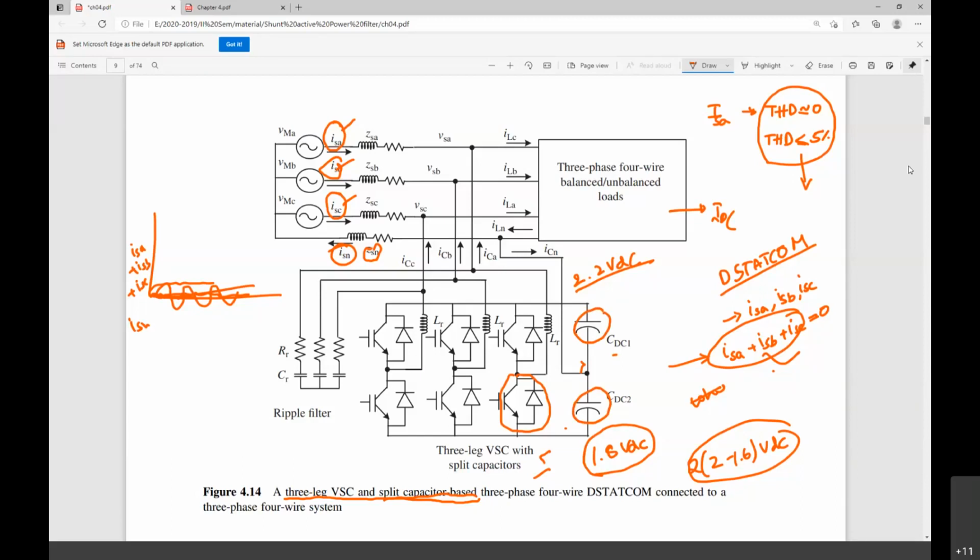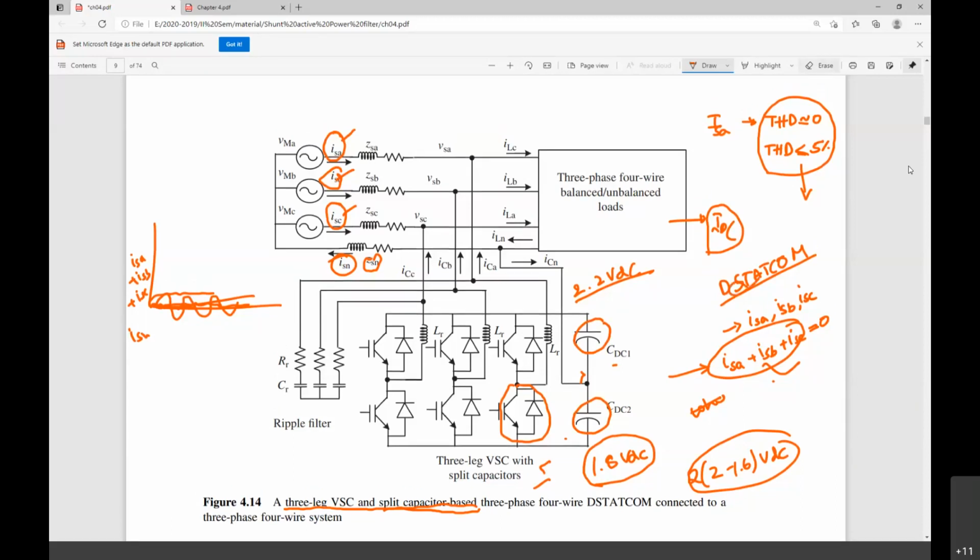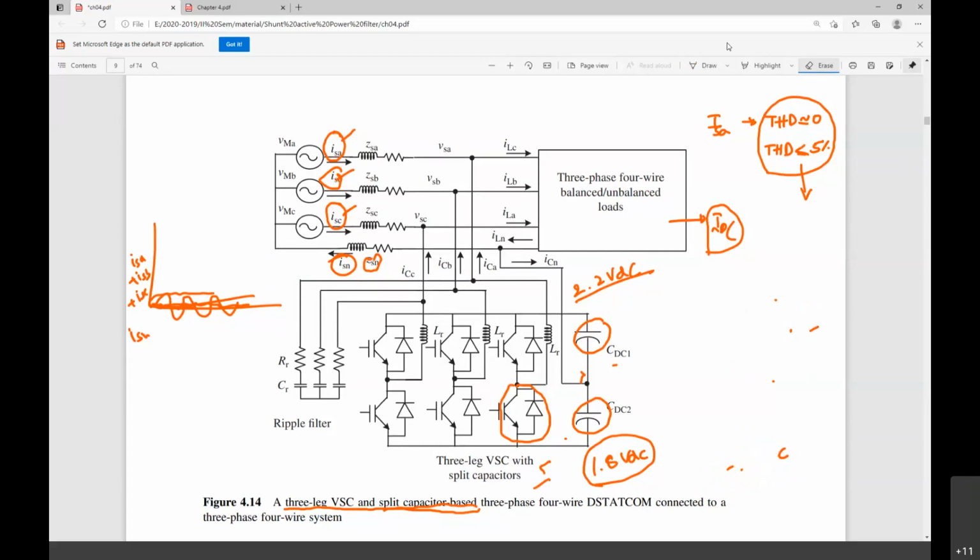Now I said the capacitor voltage unbalancing is because of the DC component of the current. There is one more point which is highlighted in the literature, that is the excess neutral current also. The neutral current is very much higher, though I'm not able to quantify how much higher it is.